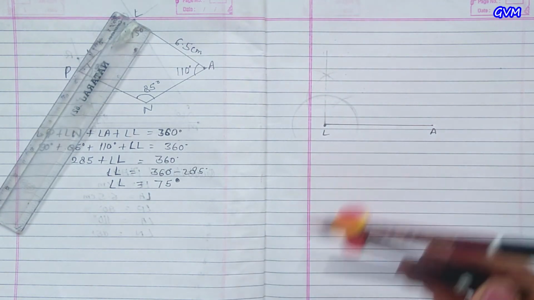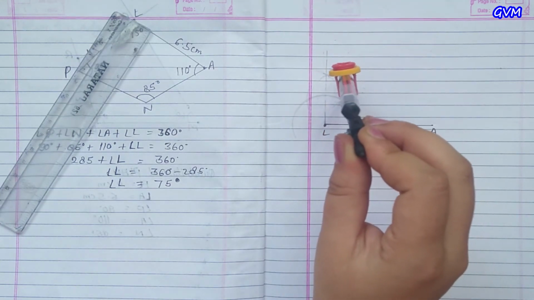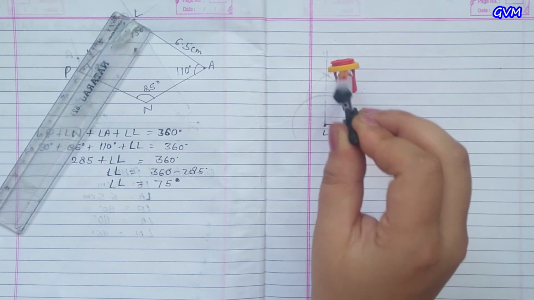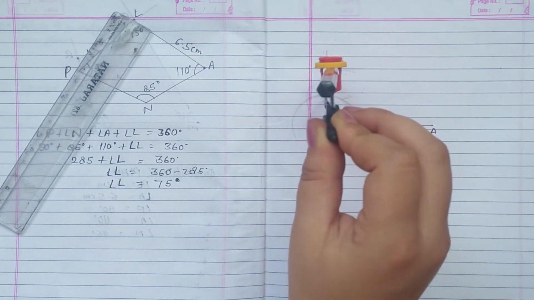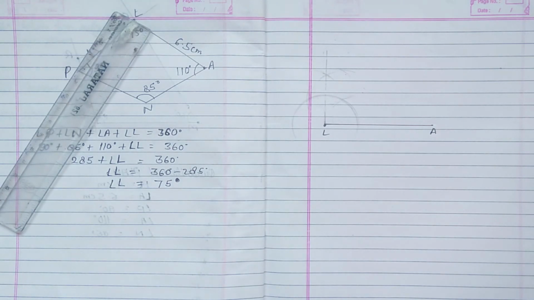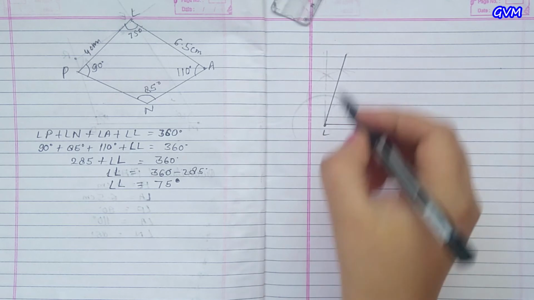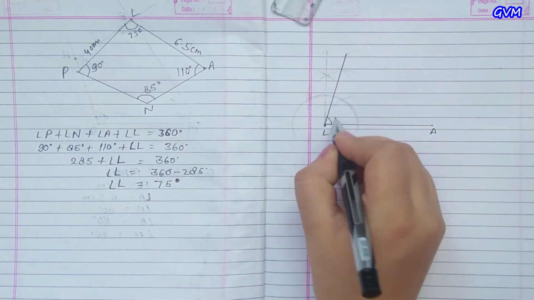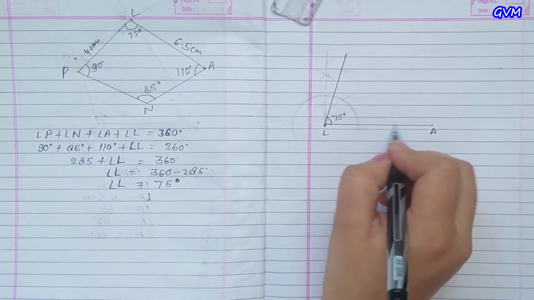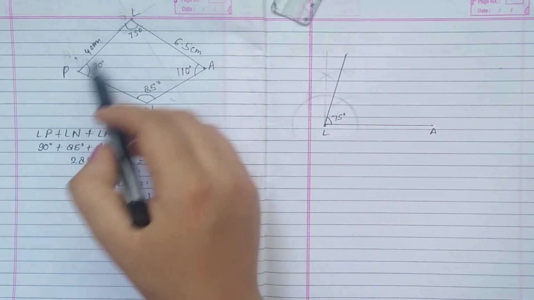So we will bisect these two. We will from 60 make an arc above, and from 90 an arc above. Okay, now join the intersecting point of these to L. Now this line is making a 75 degree angle on LA. Okay, now we have drawn this line.